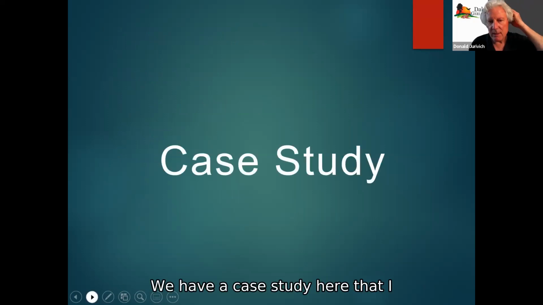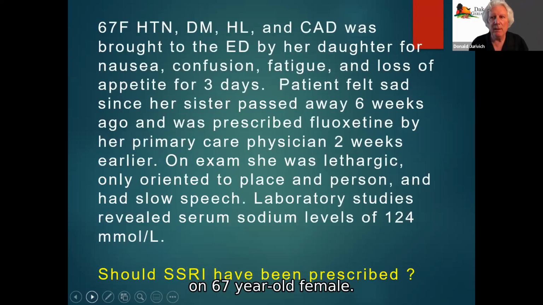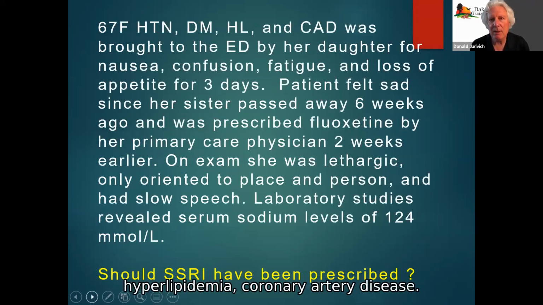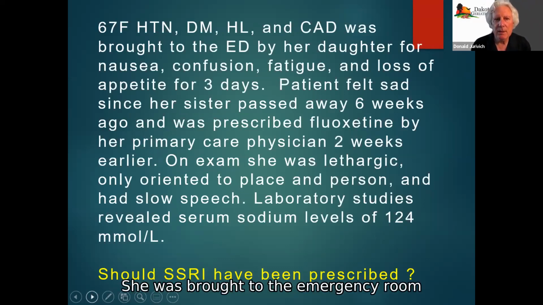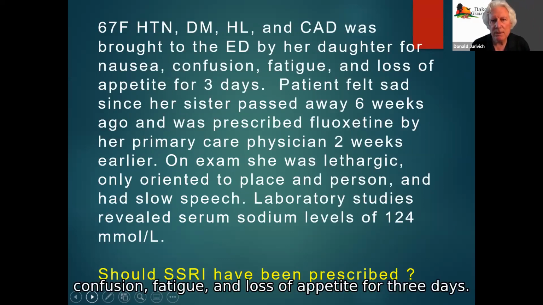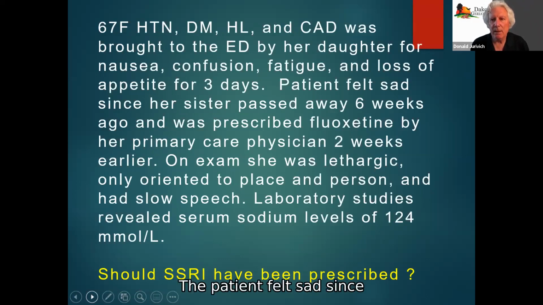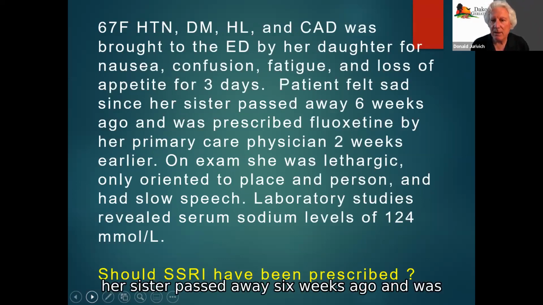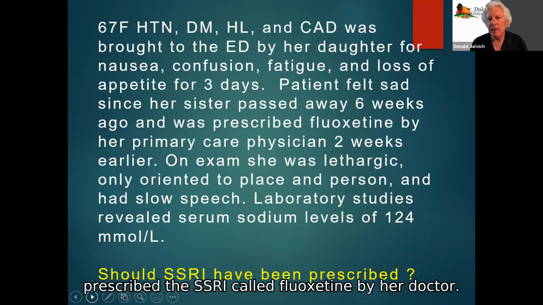So we have a case study here that I would like you to reflect on. It's a 67-year-old female. She has hypertension, diabetes, hyperlipidemia, and coronary artery disease. She was brought to the emergency room by her daughter for nausea, confusion, fatigue, and loss of appetite for 3 days. The patient felt sad since her sister passed away 6 weeks ago and was prescribed the SSRI called fluoxetine by her doctor.